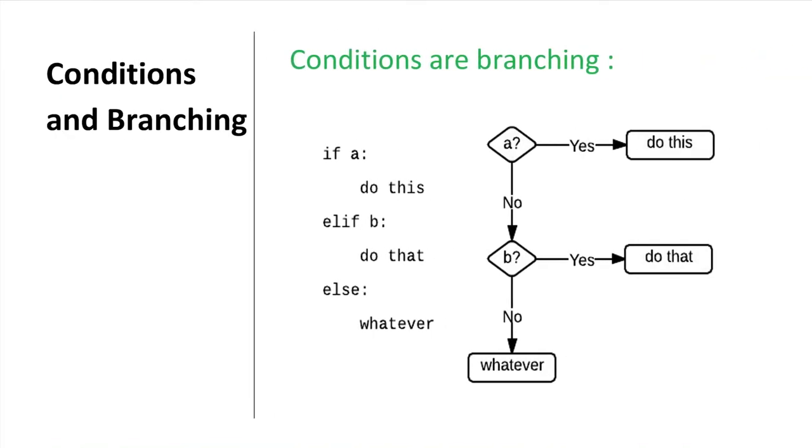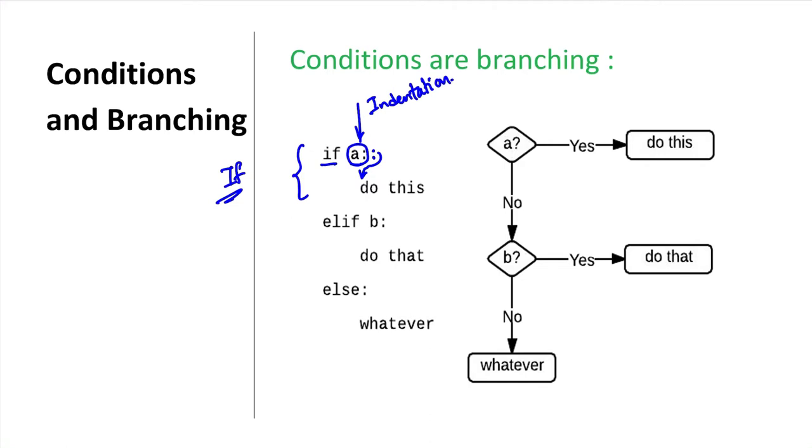Suppose we are using the if condition. We use the if keyword, then the condition we want to pass, and then a colon and enter. This will start the indent, which is called indentation.